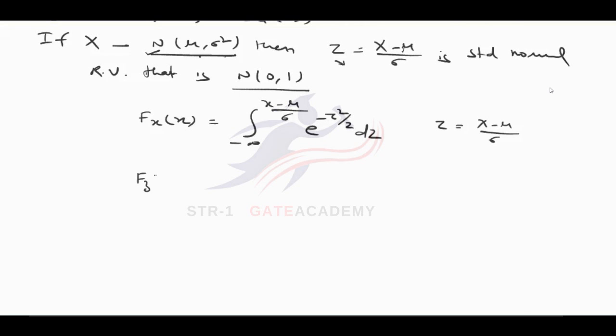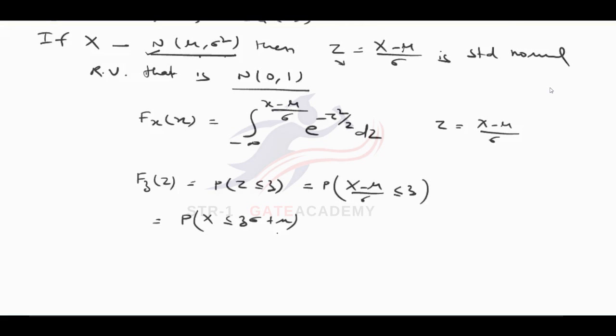Now we want z less than (x minus mu) upon sigma. So solve for x: x equals z sigma plus mu.